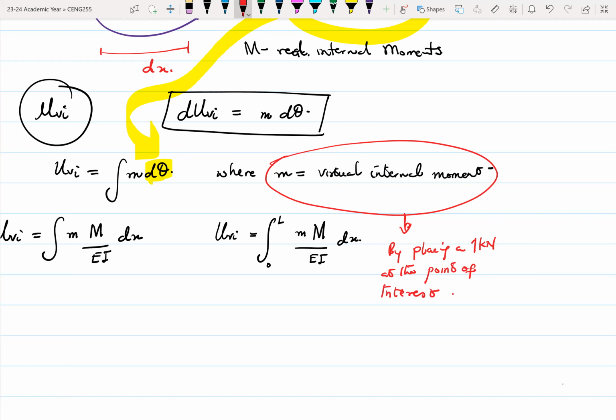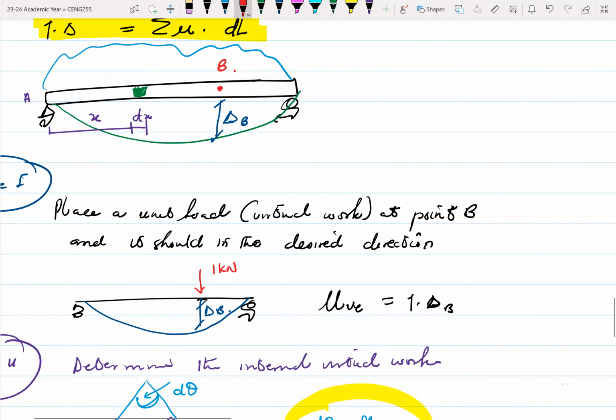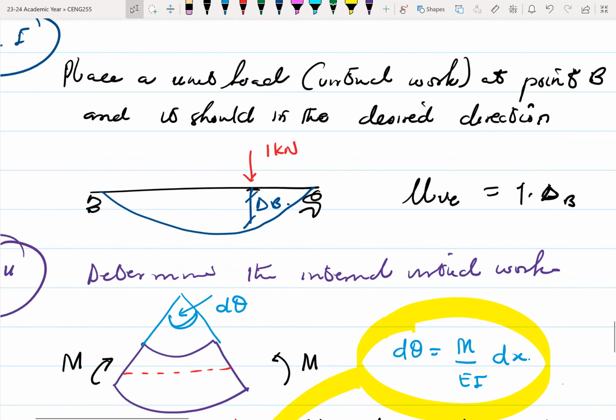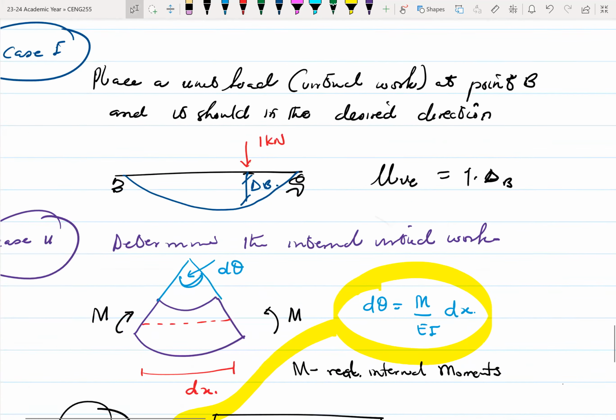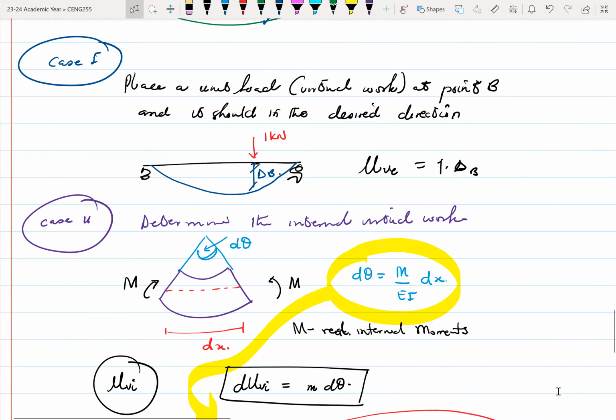So if you go back to this case where we have the 1 kilonewton load, if you take a small portion of that section, the moment in there will be small m, which is the moment due to the 1 kilonewton load.